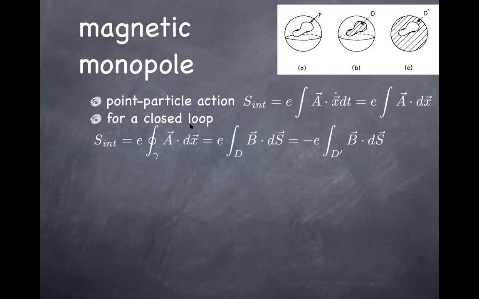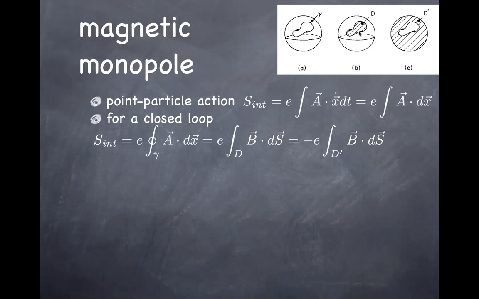The closed loop integral can be rewritten in terms of a surface integral using Stokes' theorem. Here I have this contour gamma, and I integrate the vector potential along this loop. Using Stokes' theorem, I can rewrite this loop integral in terms of an area integral over the shaded area D, and that's the first expression over here.